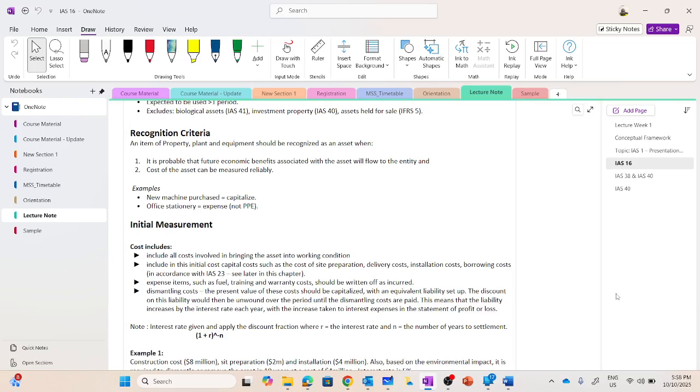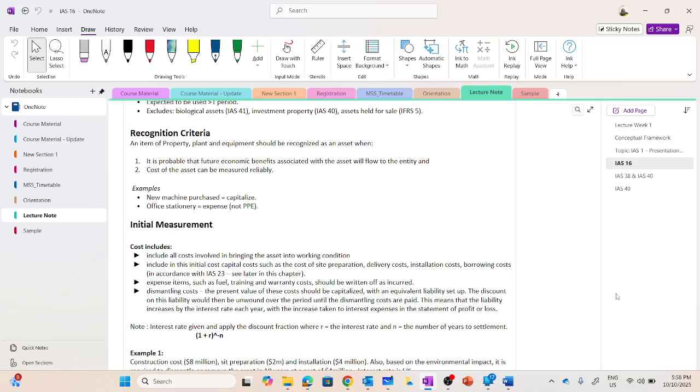We need to have costs that we can allocate to that particular item before we recognize it, because without the cost, we are not able to recognize it. So these two conditions should be met before we recognize an item as property, plant, and equipment. So we need to know this recognition criteria as well.